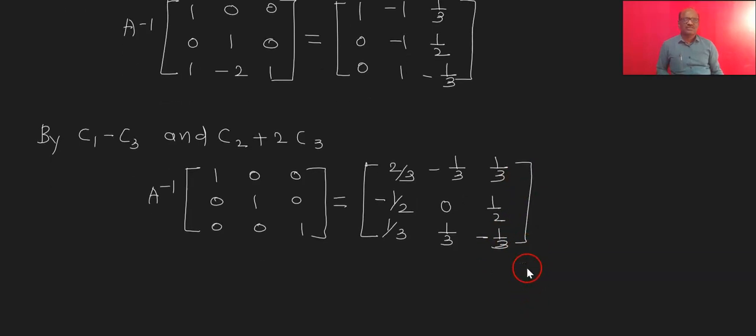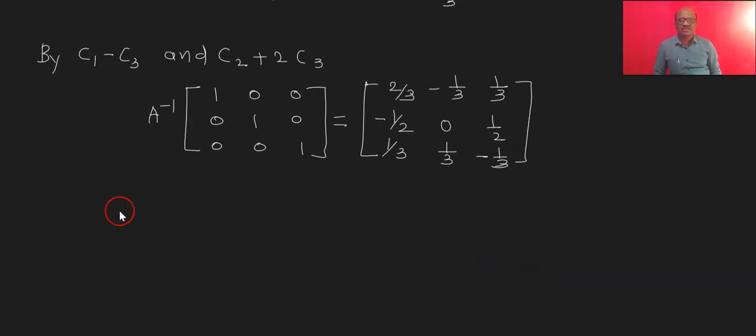And in this way we can take the common factor again. Therefore, A inverse is equal to 1 by 6 taken as common, because it is the LCM of 2 and 3. That's why here you will get 2 into 2, that is 4. The first element is 4.